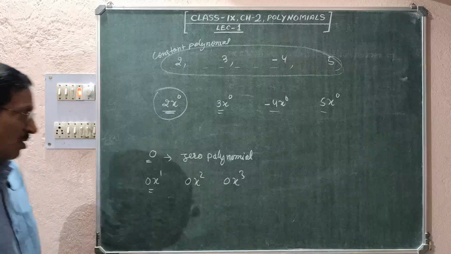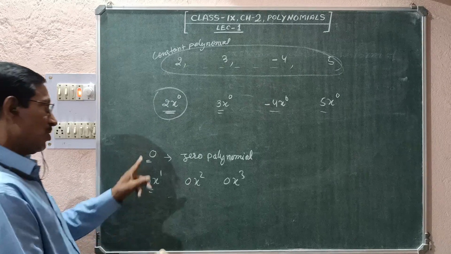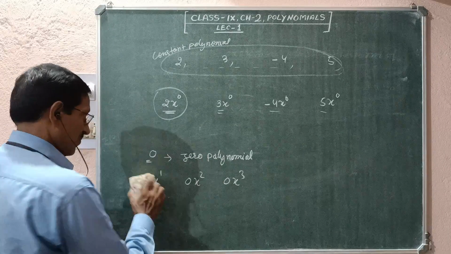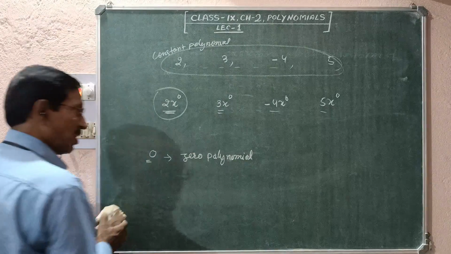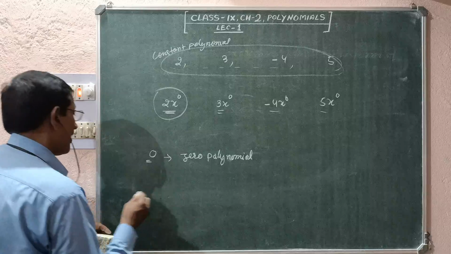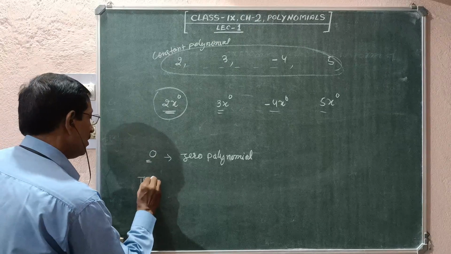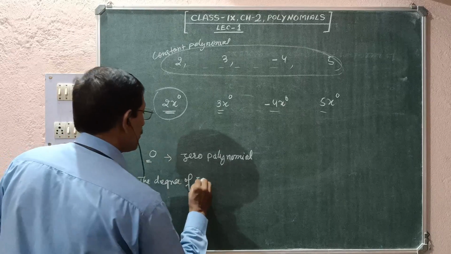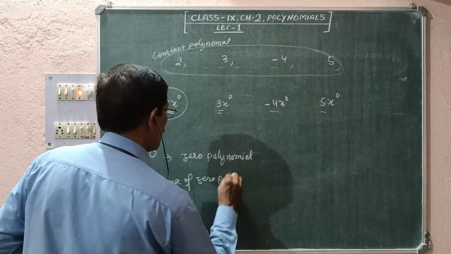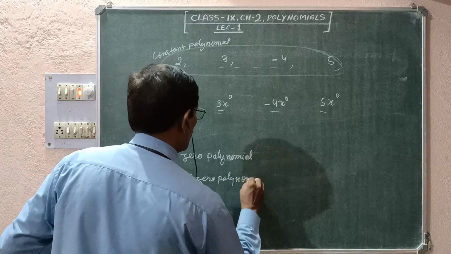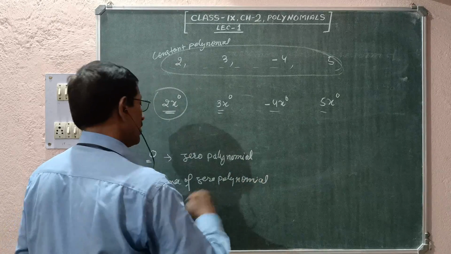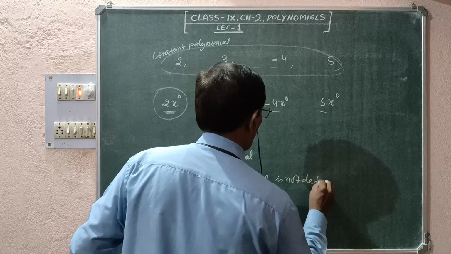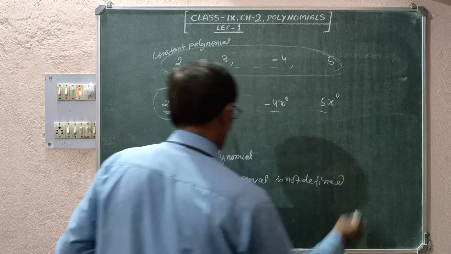This is confusion. So that's why the degree of 0 is not defined, it is not fixed. So you will keep in your mind that the degree of the zero polynomial is not defined.